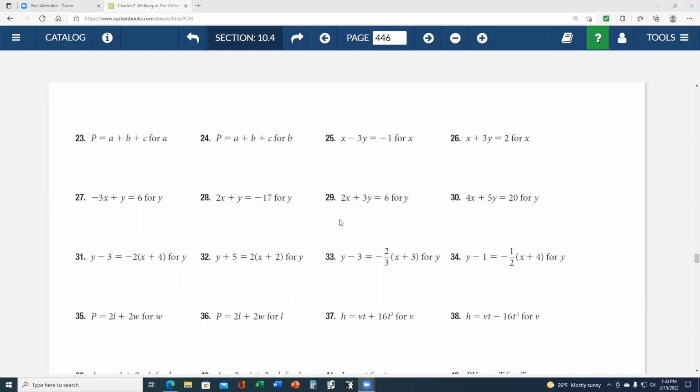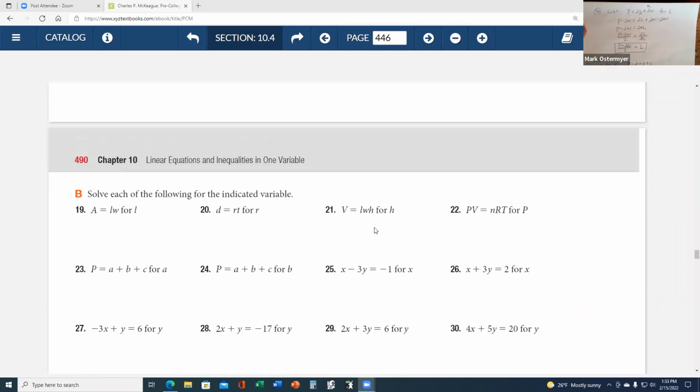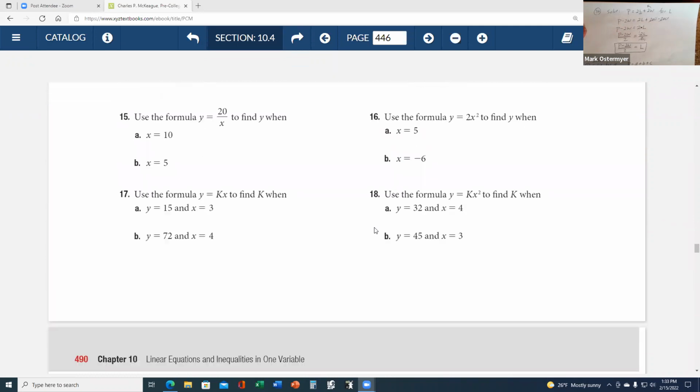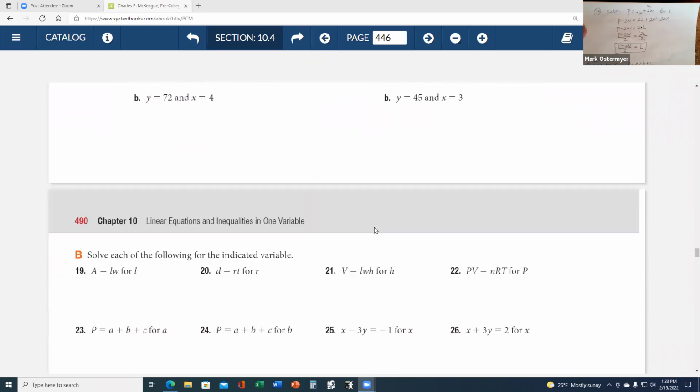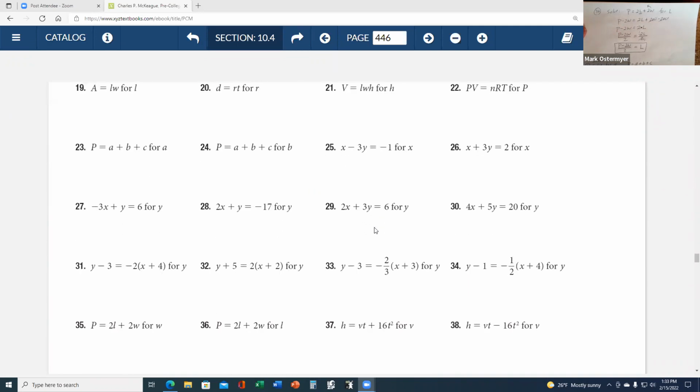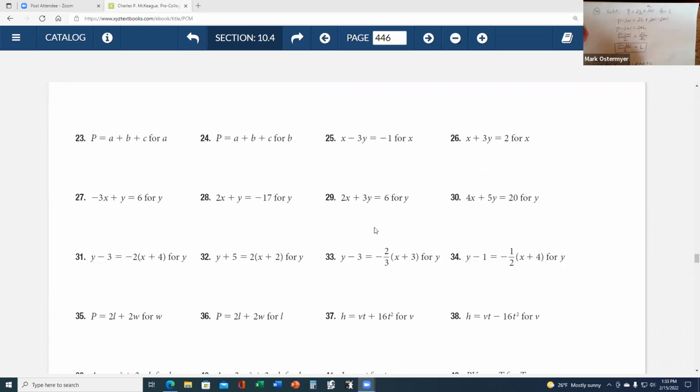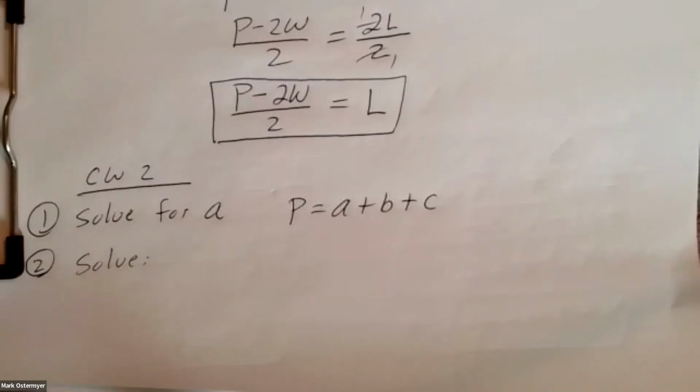I want to take the formula P is equal to A plus B plus C, and I want you to solve it for A. That's one problem. I'll show you these in a moment. Let me make up another one here. So classwork 2, number 1 is going to be this.